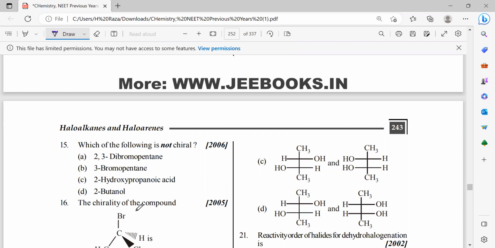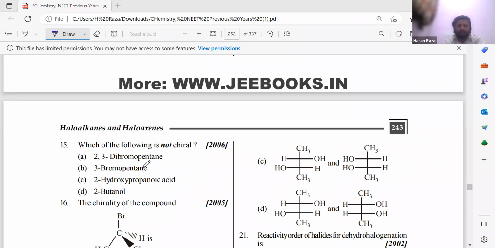So answer option B. B for ball. 3-bromopentane. That means this is your pentane and 3-bromo. This is the same on both sides, so that's why it is not chiral. Very good.